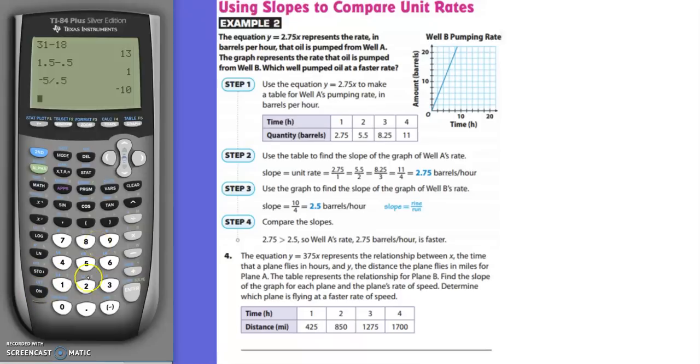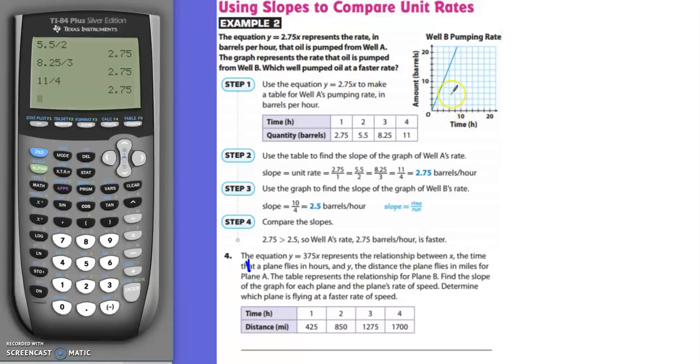If we do 5.5 divided by 2, we get 2.75. If we do 8.25 divided by 3, we get 2.75. And if we do 11 divided by 4, we get 2.75. So yes, this is y equals 2.75x. Alright, now let's look at the graph here.